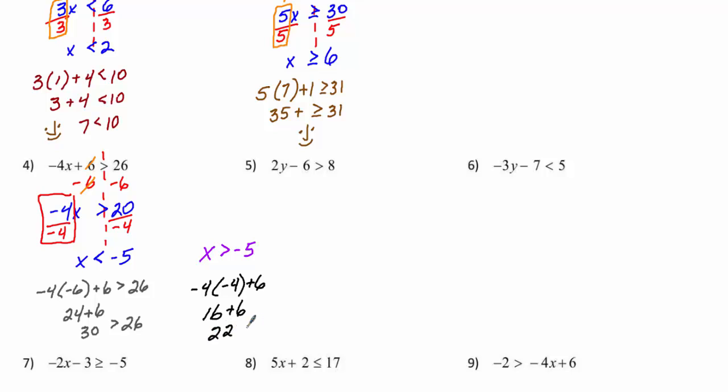That would be 22. Is 22 greater than 26? No, it is not. And this would prove that this was wrong. So anytime you multiply or divide by a negative number, the sign of the inequality has to change direction, has to reverse.